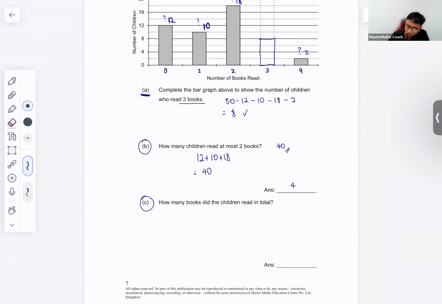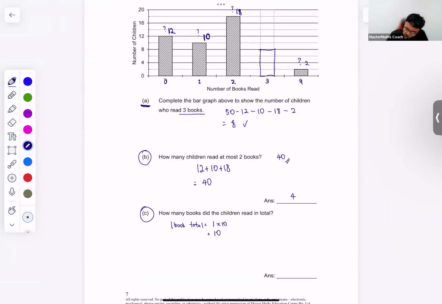Okay, for one book, total is equal to 1 times 10. This gives us 10. You want to write that down?